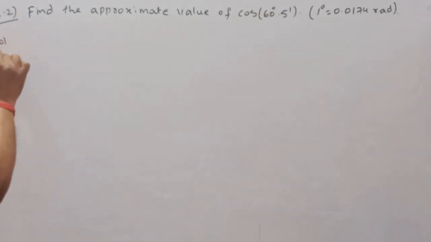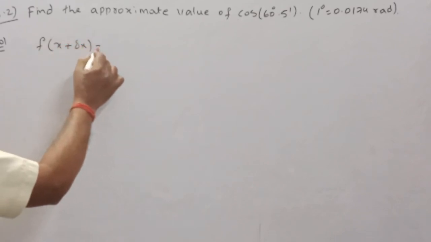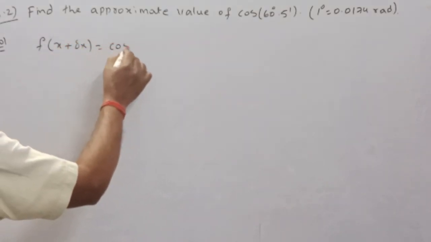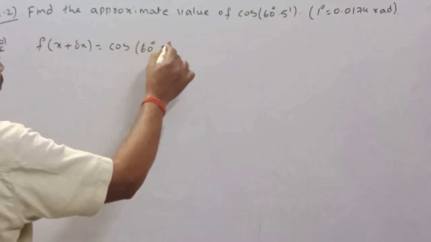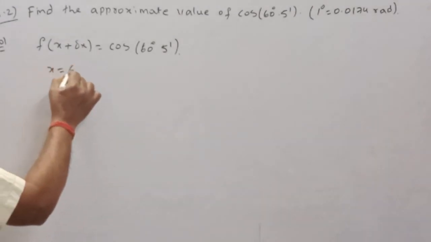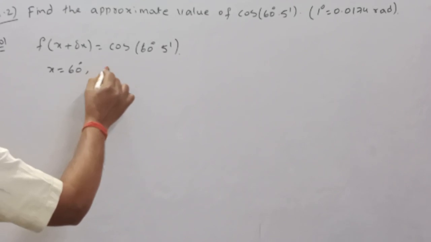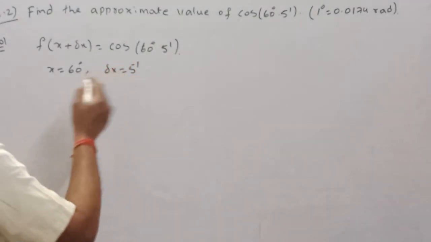So here f of x plus delta x is cos 60 degrees 5 minutes. This is given. Here x is equal to 60 degrees and delta x is equal to 5 minutes. 5 minutes is equal to what?